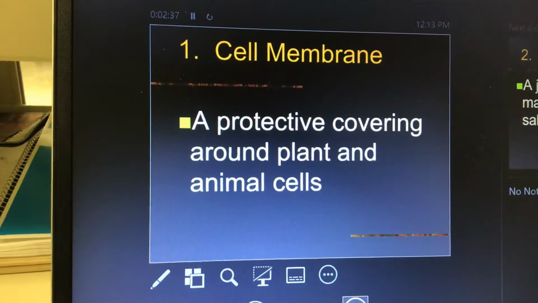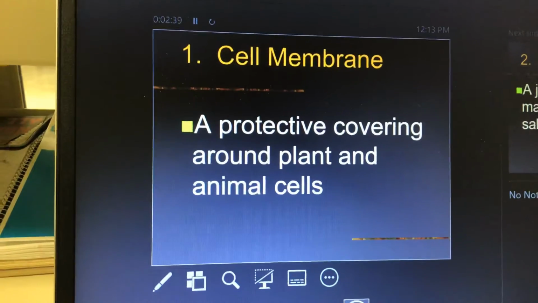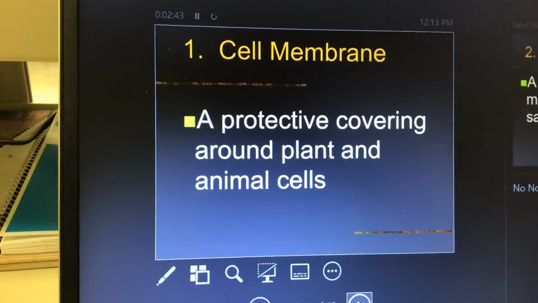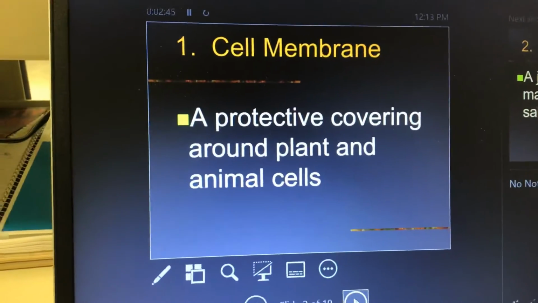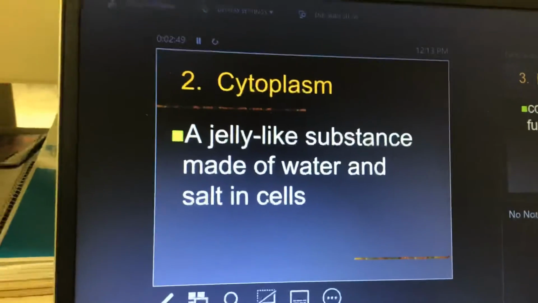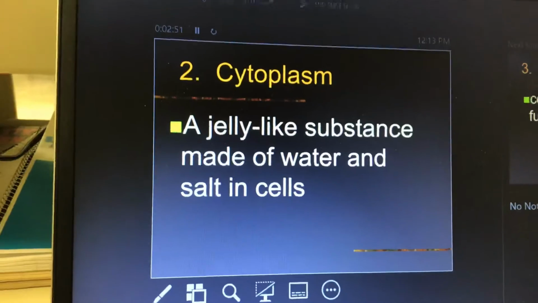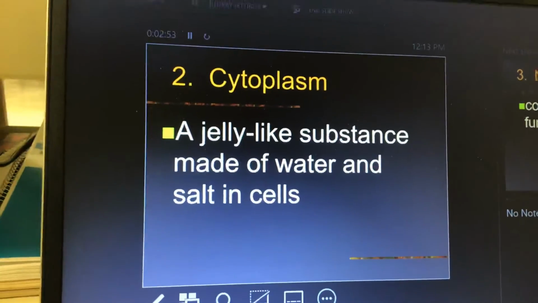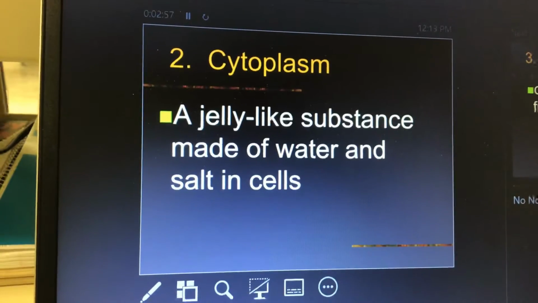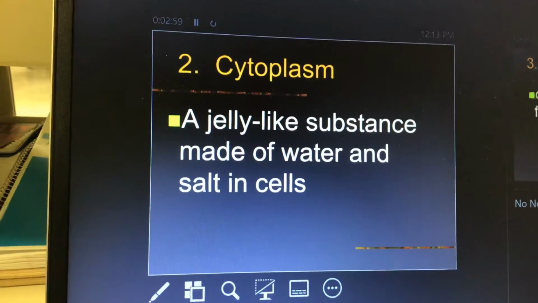Another way to think of it is if you've ever peeled the skin off of a grape. I kind of think of that as a cell membrane. Next one, cytoplasm, a jelly-like substance made of water and salt in cells.